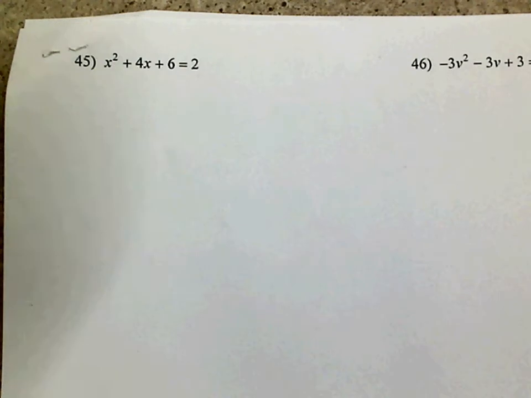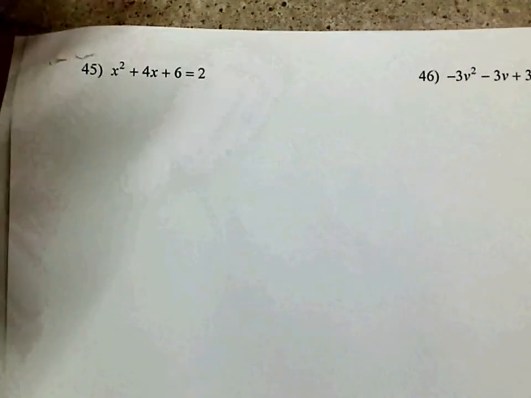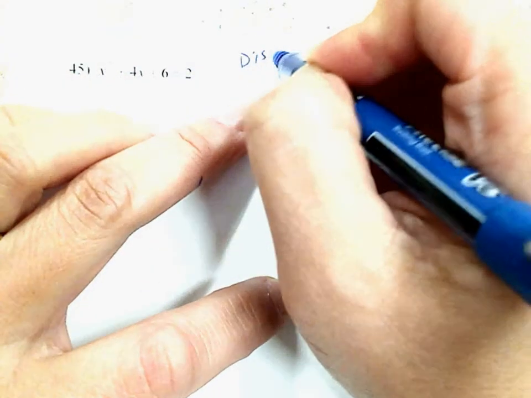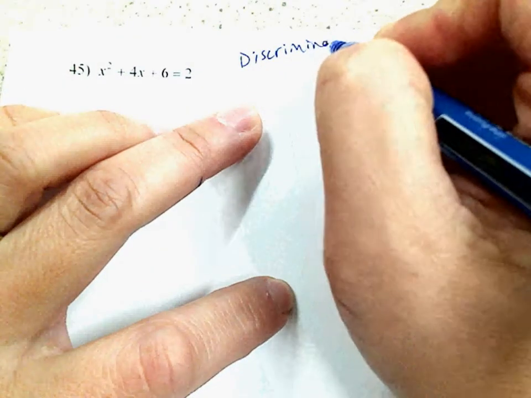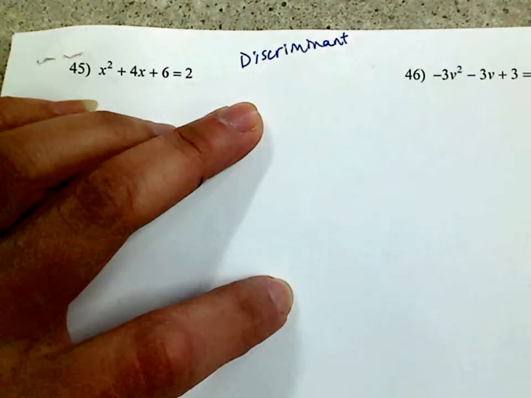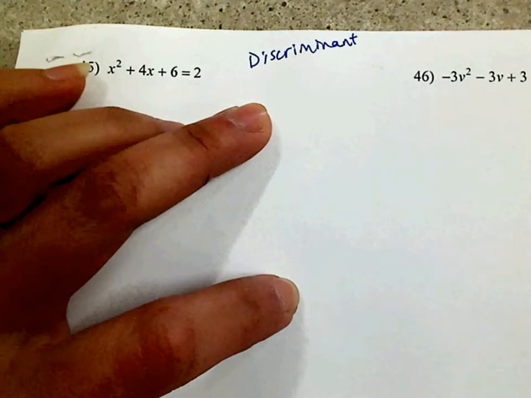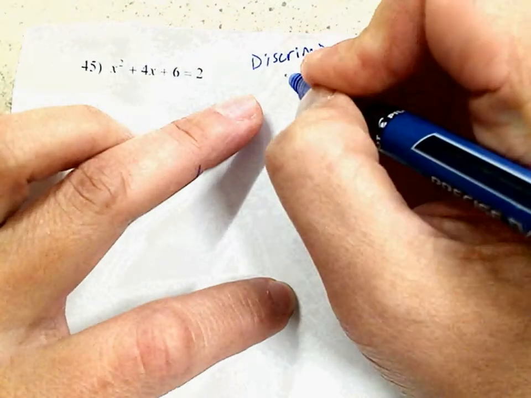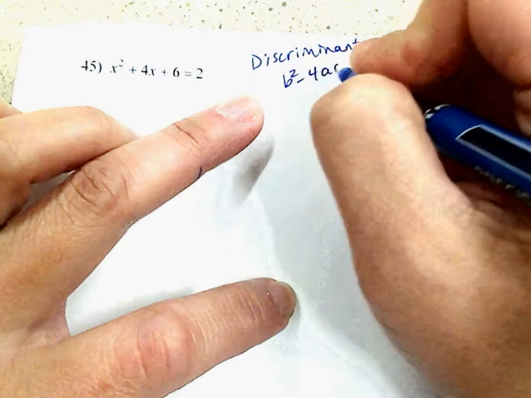All right, number 45, you are going to find the discriminant. Just a reminder, your discriminant is b squared minus 4ac.